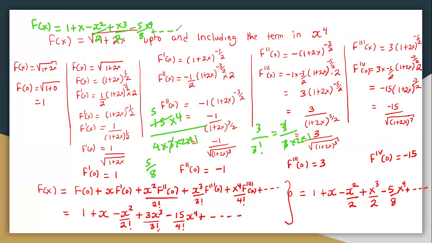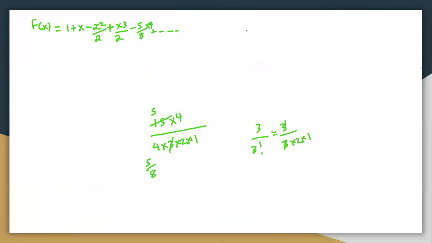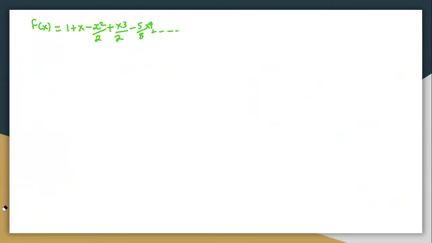Don't forget to put the continuity to show that there are other terms that can come after. So let me come here. We are going to continue with that question.